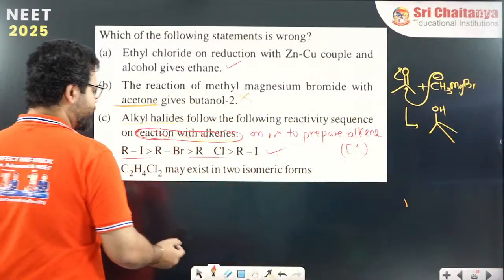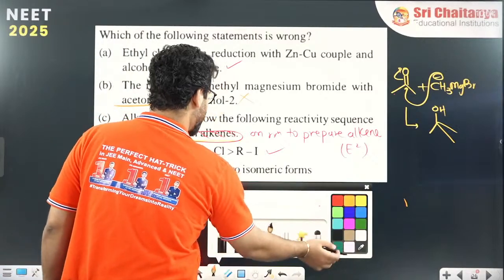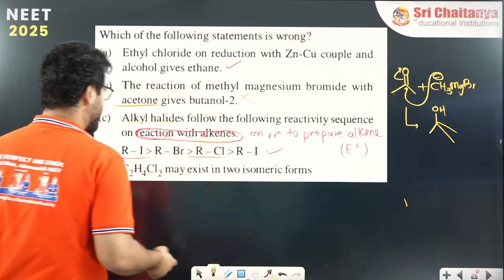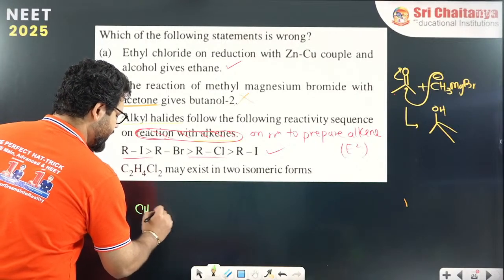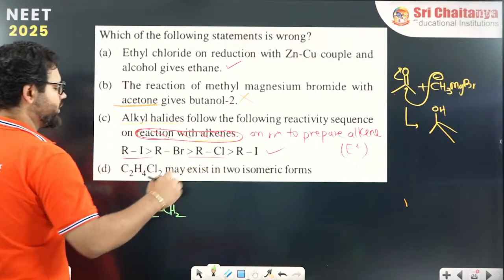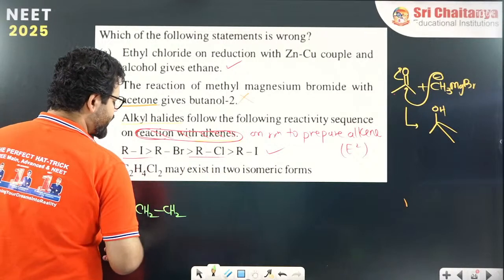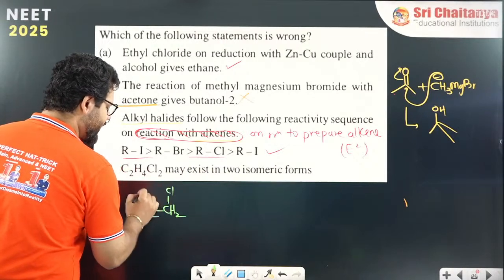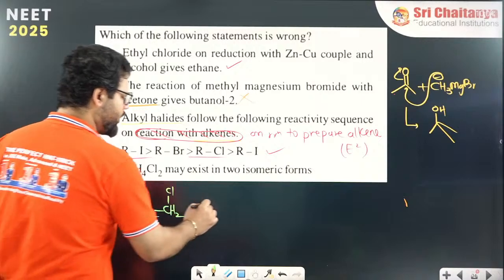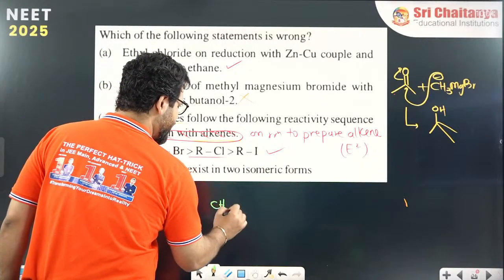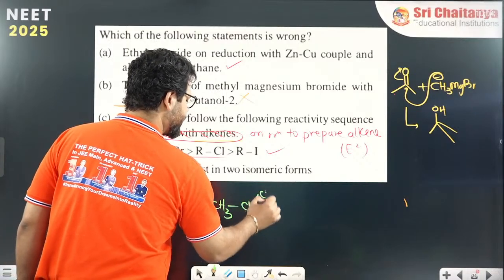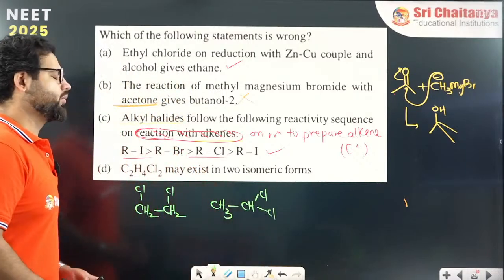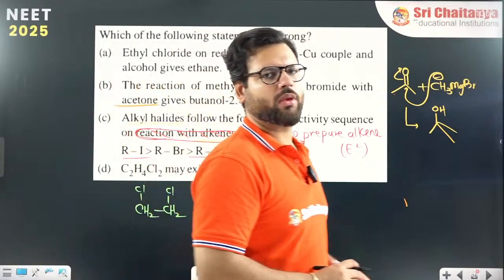Next one: C2H4Cl2 may exist in two isomeric forms. Let us see. C2H4Cl2, CH2, two chlorines you have to attach. I can attach the two chlorines at number 1 and number 2, or I can attach both chlorines at the first position. 1,1-dichloro and 1,2-dichloro.